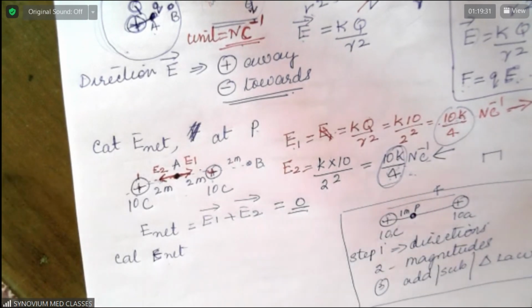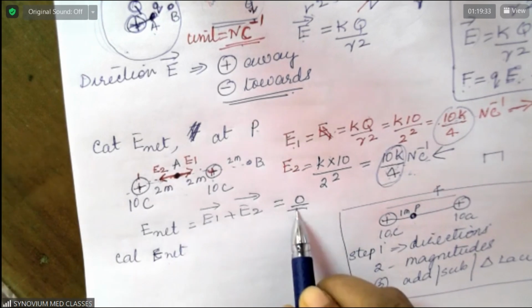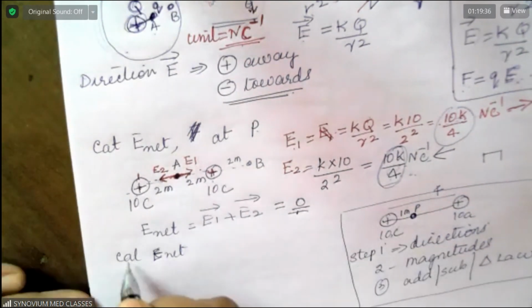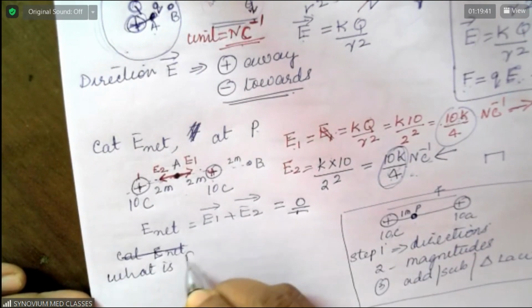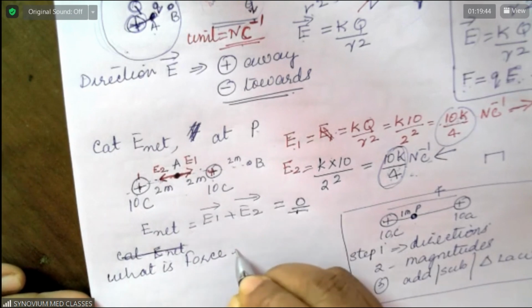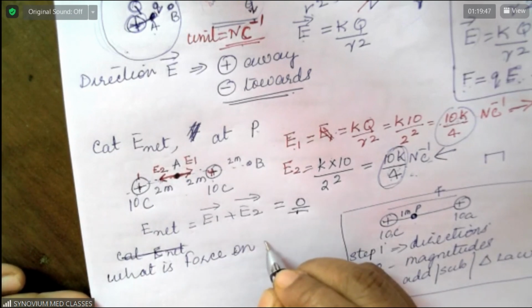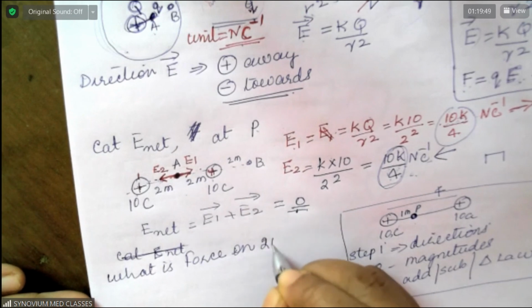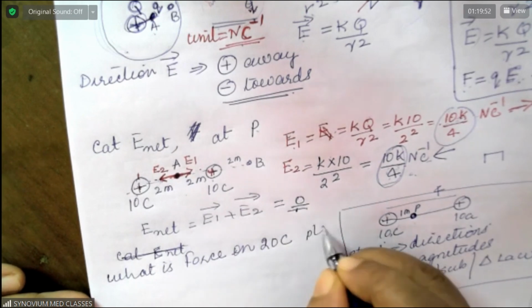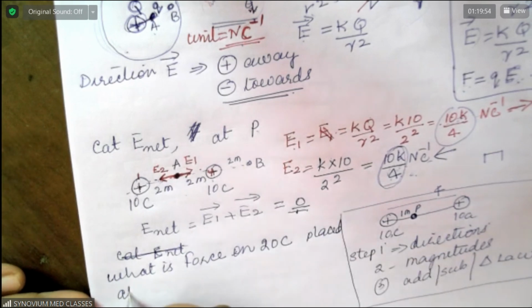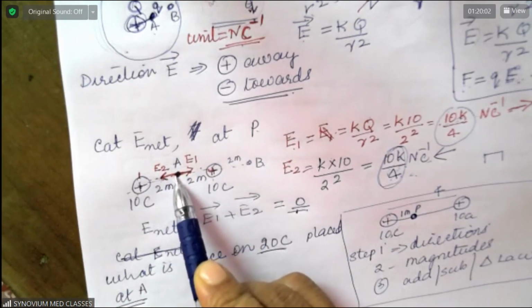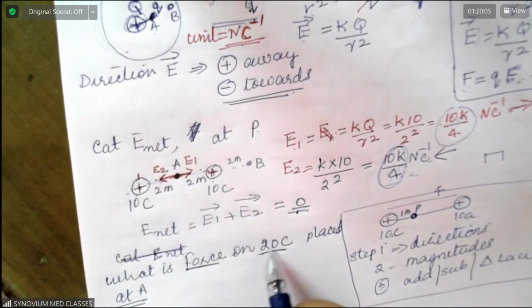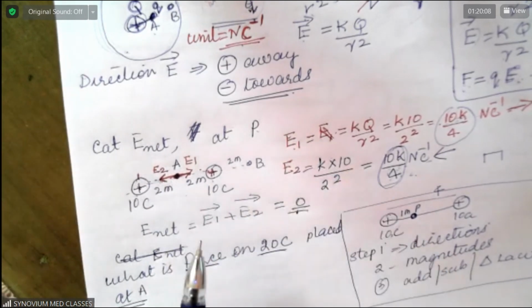Okay. Now, if the electric field is 0, assume that a 20 Coulomb charge is placed at this point A. If I keep a 20 Coulomb charge at this point A, what is the force this 20 Coulomb feels?